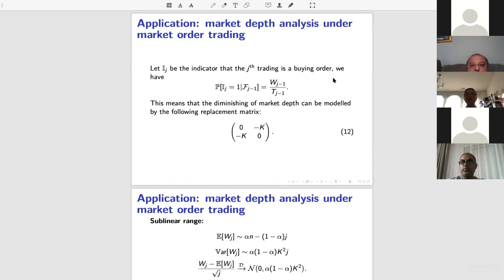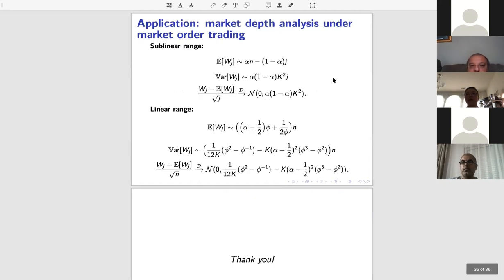So with this formulation, we will use the results that we have obtained for affine diminishing urns, so that in the sublinear range and in the linear range, we will formulate the expansions for the expectation, the variance, and the limit distribution.